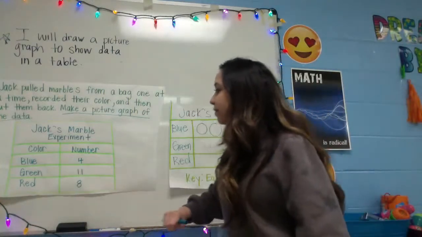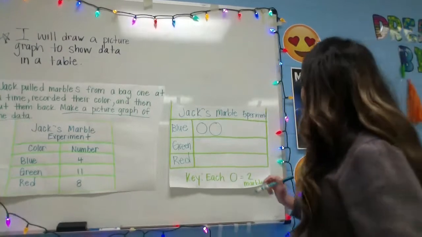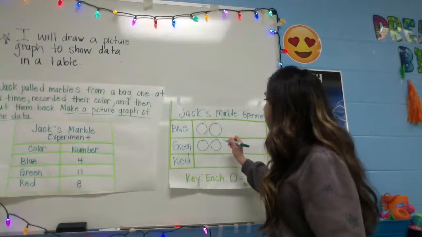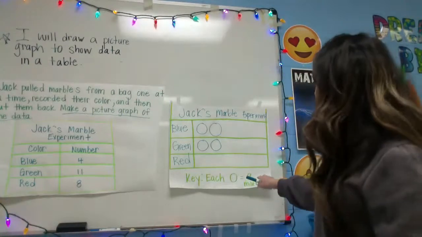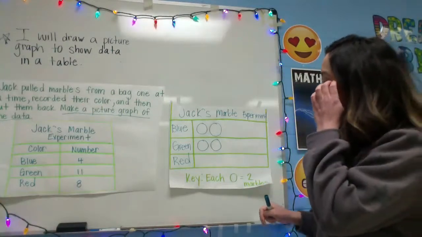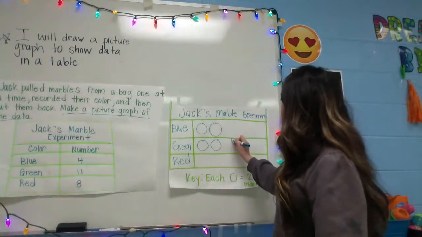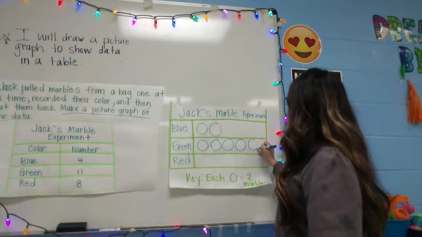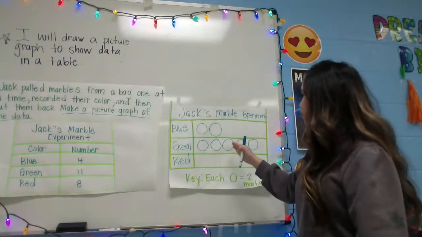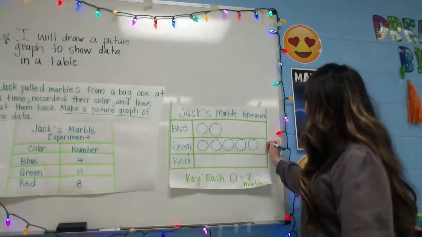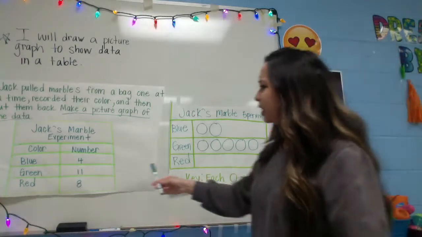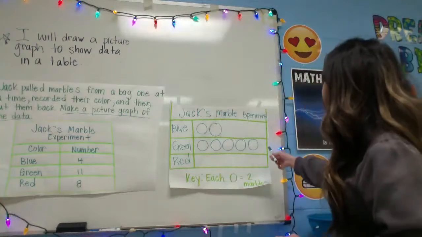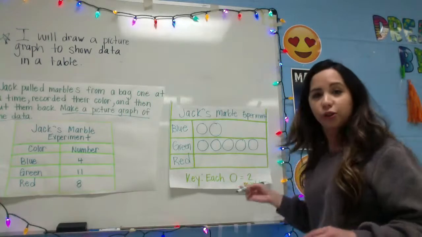All right, let's look at green. There are 11, okay? Let's skip count. That's 2. Remember, each circle represents 2 marbles, so we're skip counting by 2s. 2, 4, 6, 8, 10. Oh, wait a minute. Green is 11. So wait, I cannot add 1 more circle to this. If I do, I'm going to have a total of 12.